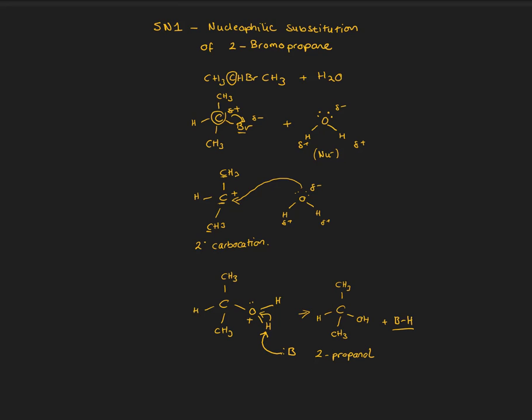Is it polar or non-polar? It also depends on the haloalkane itself. So if you have primary, secondary, tertiary haloalkanes, that's going to dictate it as well. Tertiary haloalkanes are more likely to undergo an SN1 reaction than an SN2 reaction. And that's to do with the steric hindrance that we talked about in the last lecture.